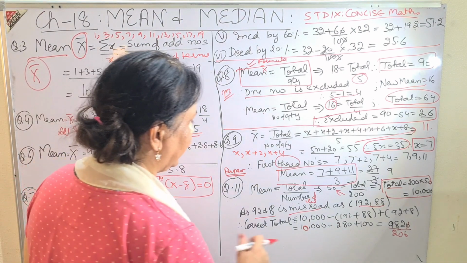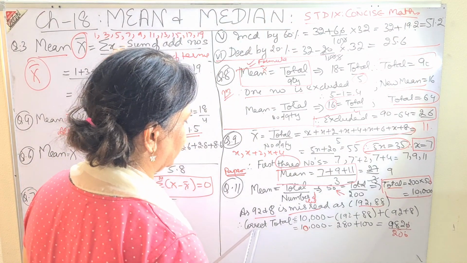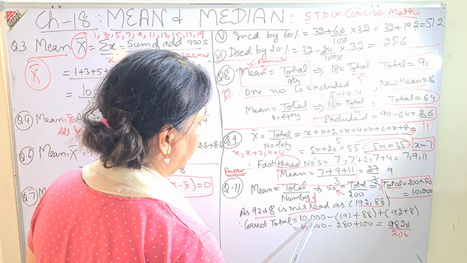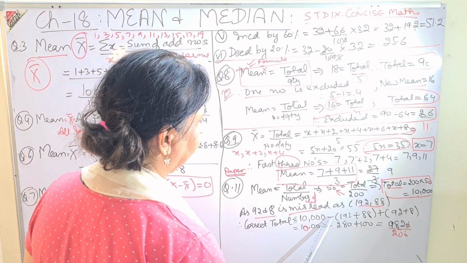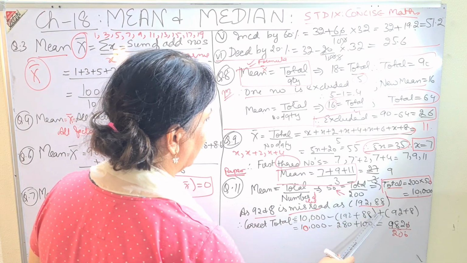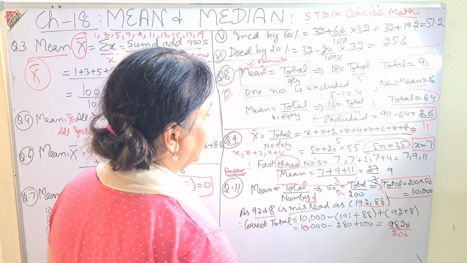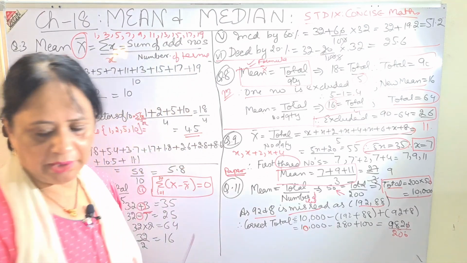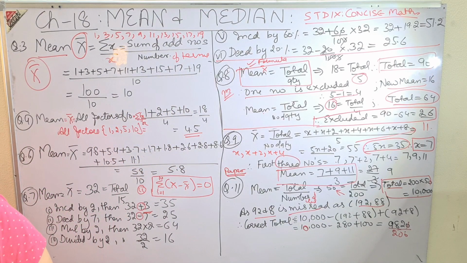See, correct total will be equal to incorrect total minus incorrect observations plus correct observations. Please note down, I have not written on the board, write down.